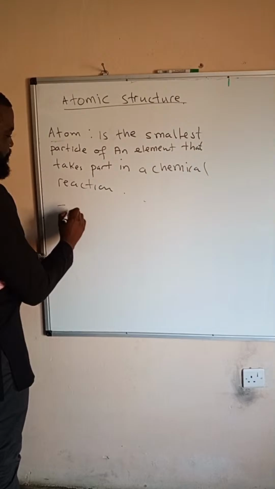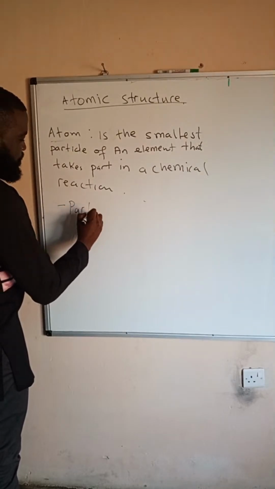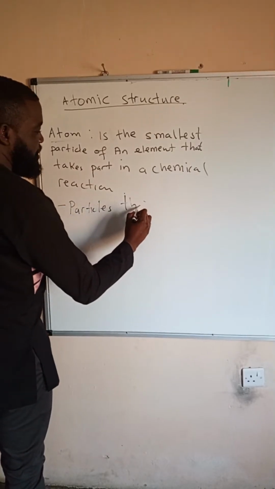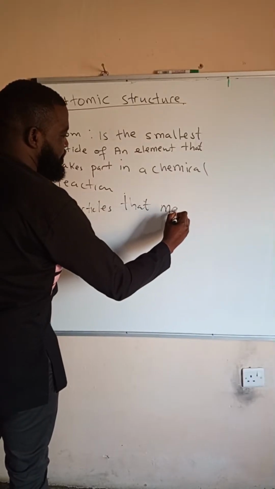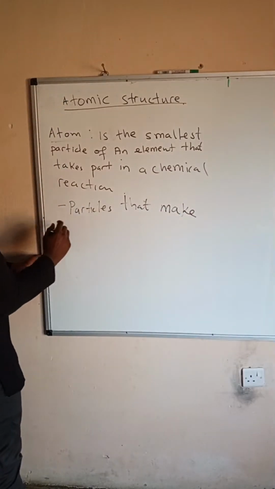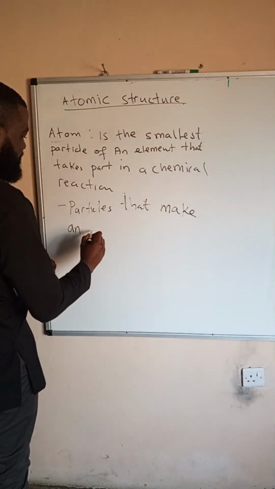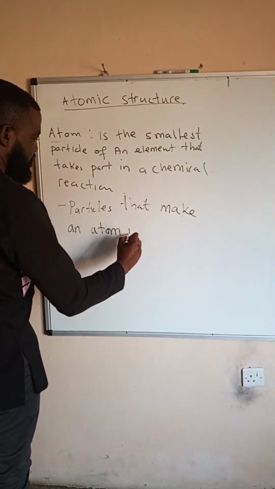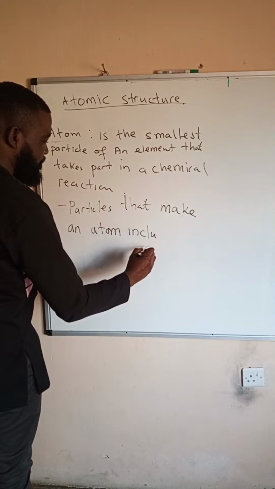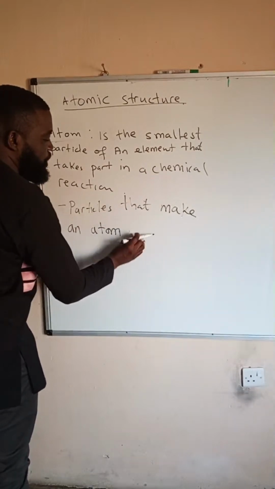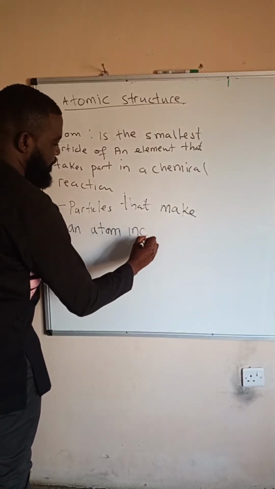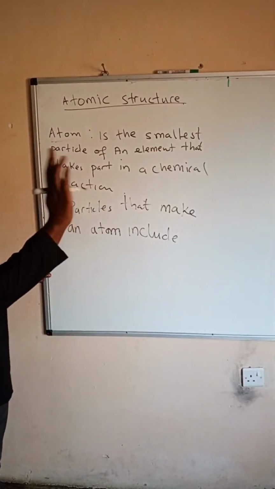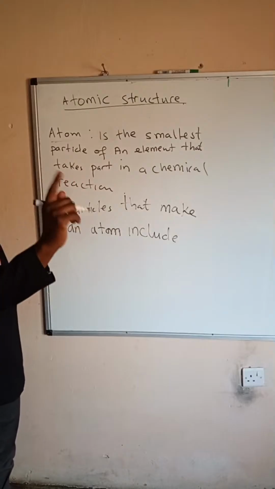So we say particles that make up an atom include, so there are 3 particles that make up an atom, 3 particles.